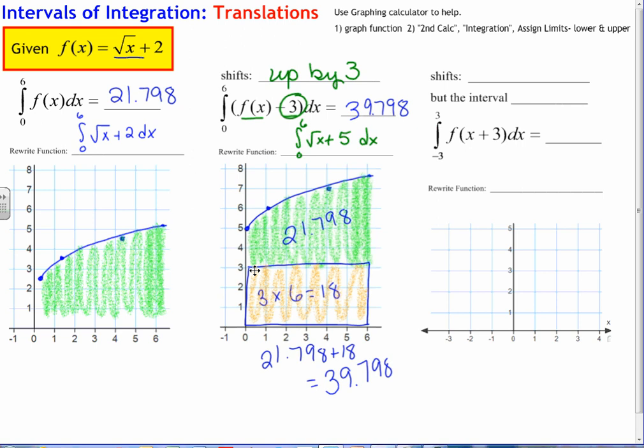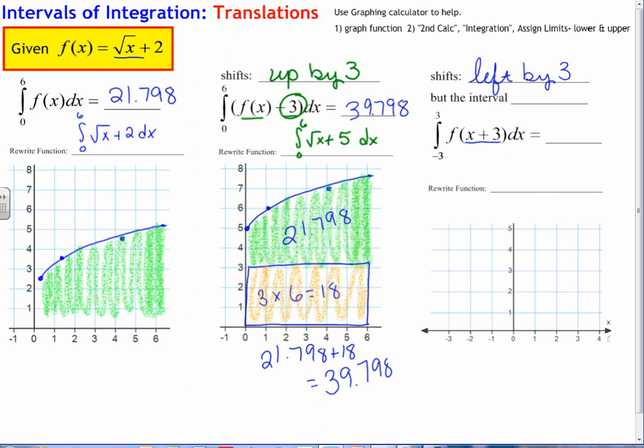This next one has a little bit of fancy stuff going on, doesn't it? Now, this is just slightly different. It's the x plus 3 that's getting shifted. Well, your pre-calc work tells you that this is going to shift left by 3. That's a little different than just shifting this up.